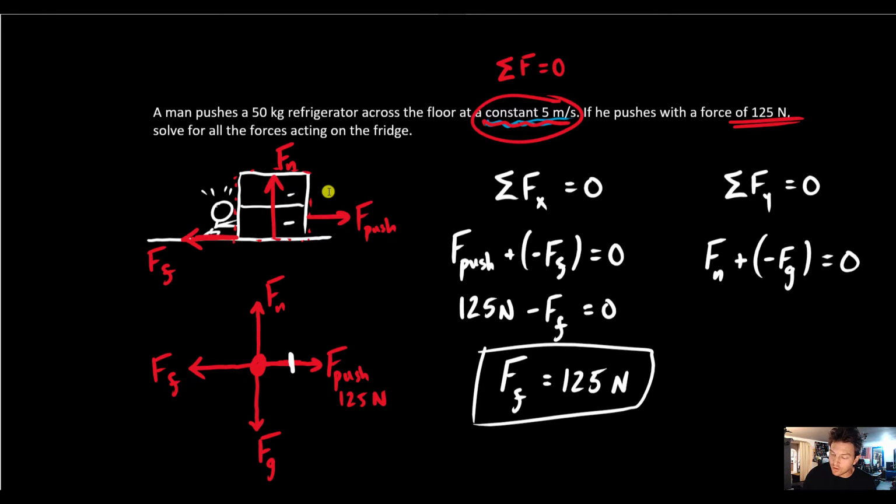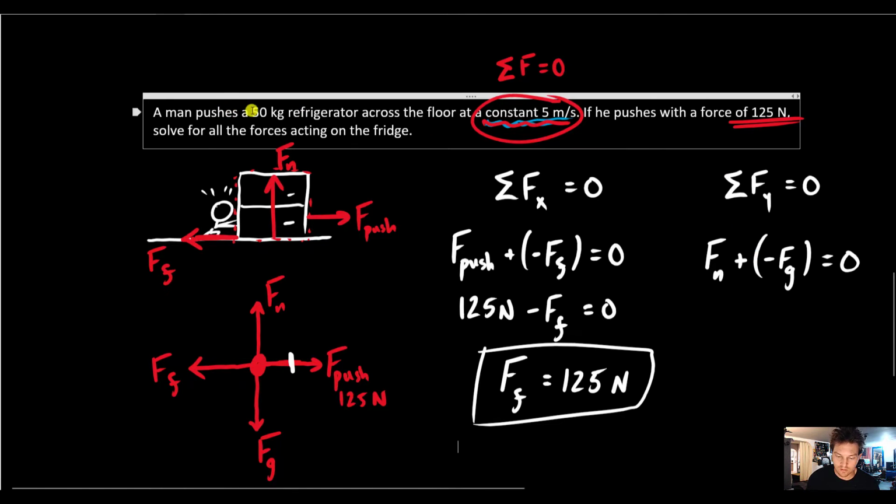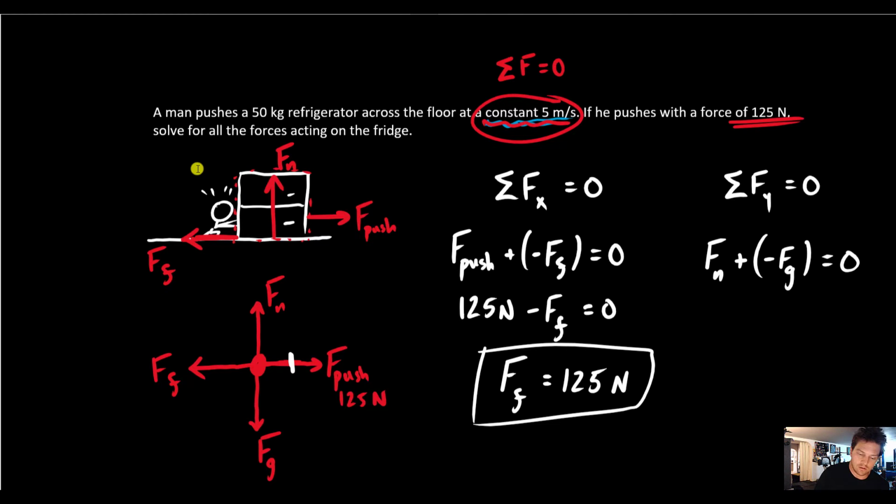Over here in the y direction now, what I'm looking at is, do I know anything to figure out the force of gravity? It's usually one of our first steps. And we know that this is 50 kilograms, the mass of the fridge. So we can use our equation for the force of gravity. Force of gravity is equal to something's mass times the acceleration of gravity. On Earth, it's 9.8.